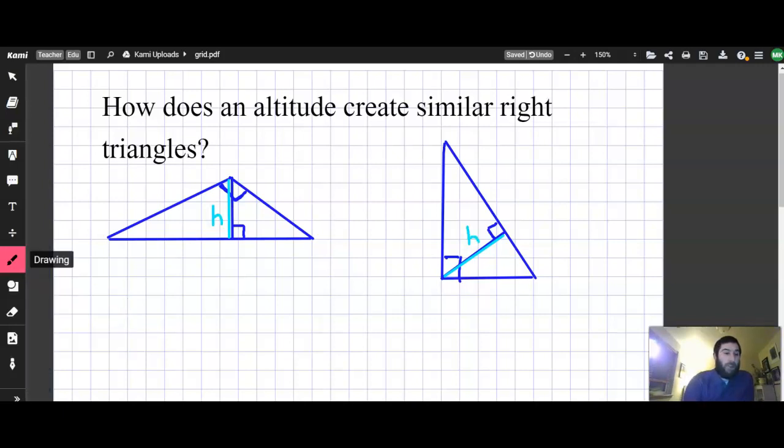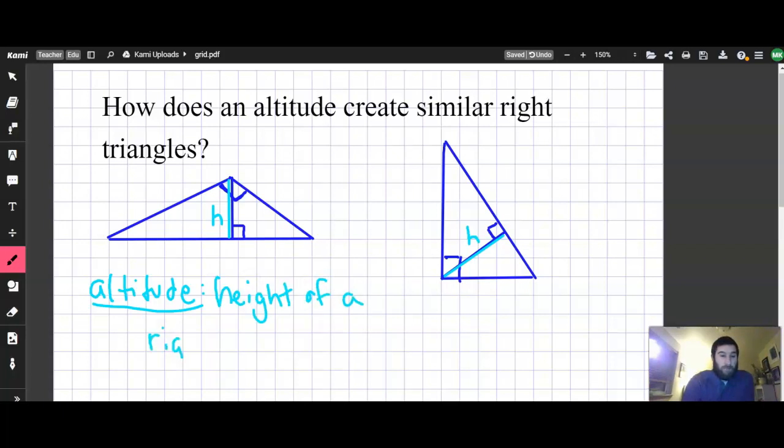And so the altitude is the height of a right triangle. And I could write the next part of the sentence either by saying where the hypotenuse is the base, or just by saying the height of the right triangle from the hypotenuse.